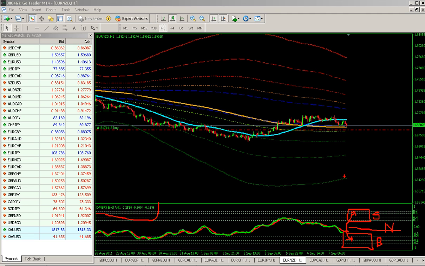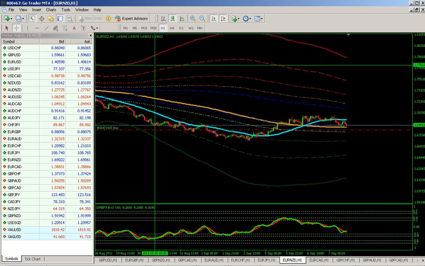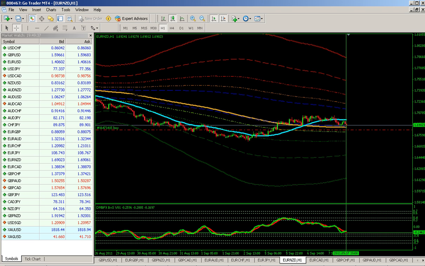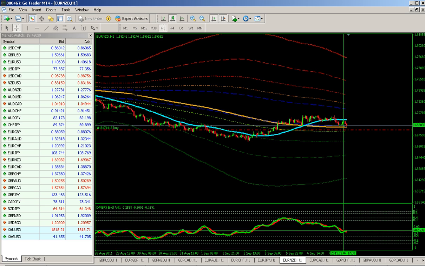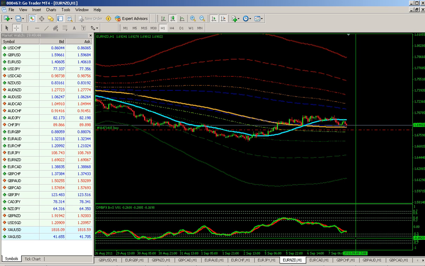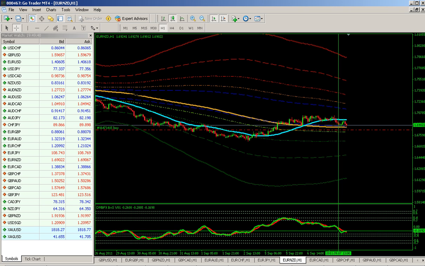Now, if we look a bit closer at the third condition, it is also tied into the buyers and sellers. What this means is that the buyers here would have to be on top of the sellers, or the sellers would have to be on top of the buyers, before making a trade. As you can see here, you have the green line, which is the so-called buy line, the buyers, and the red line here is the sellers.